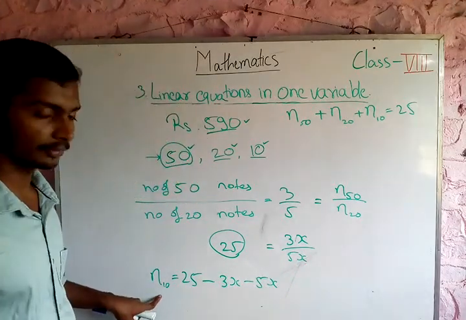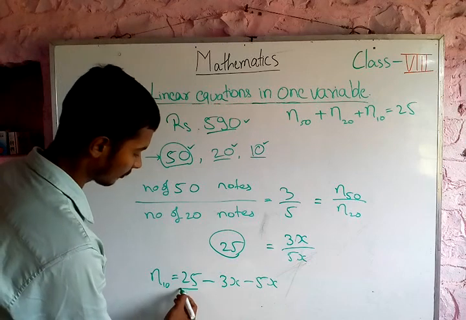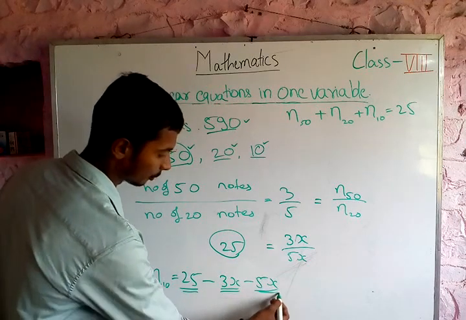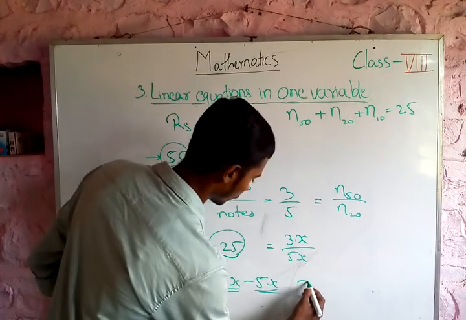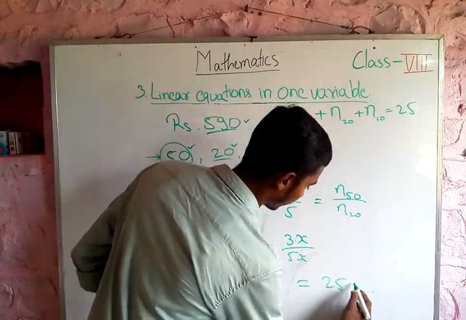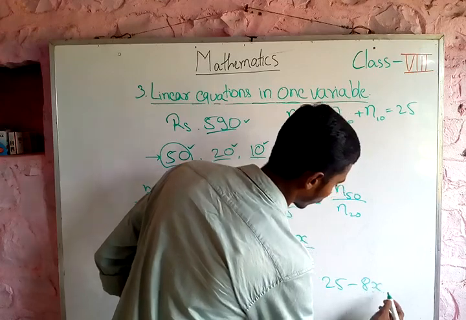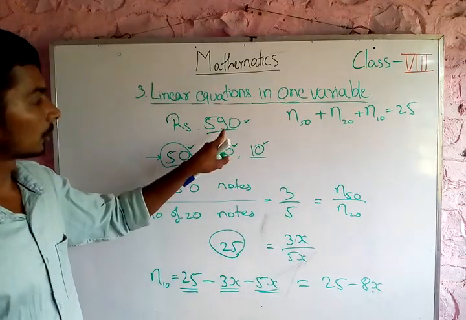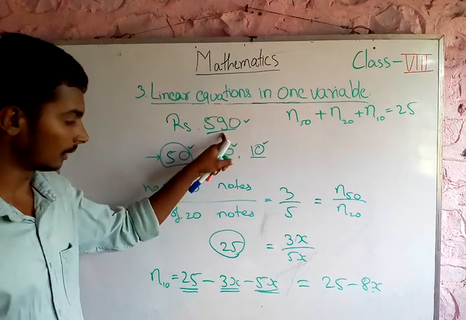So it becomes 25 minus 8x. Okay, and in total he has 590 rupees.